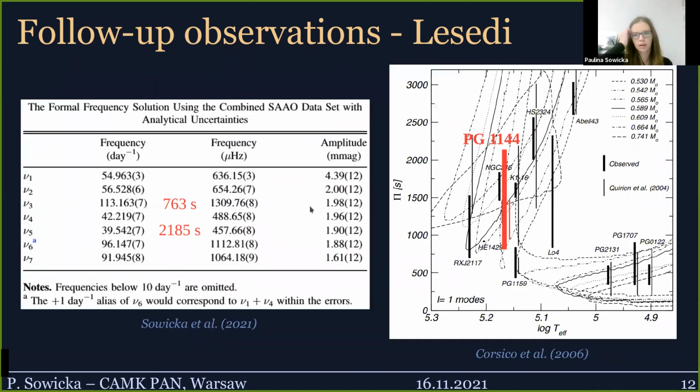When we plot these frequencies as periods in the diagram, we can see that these variations detected here are within the expected values for GW Vir pulsators.